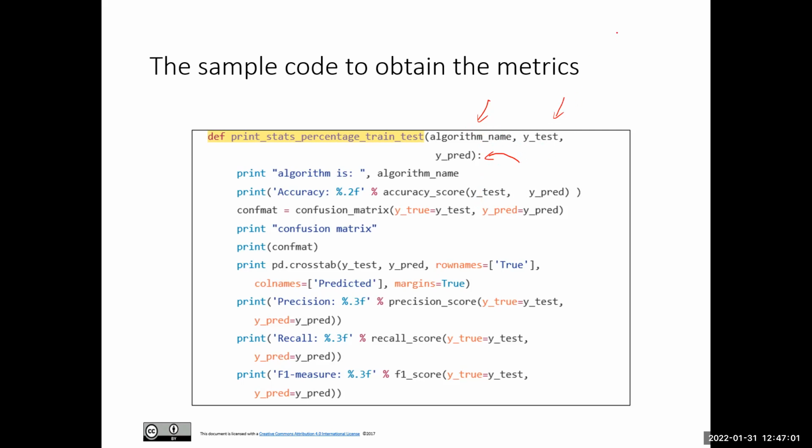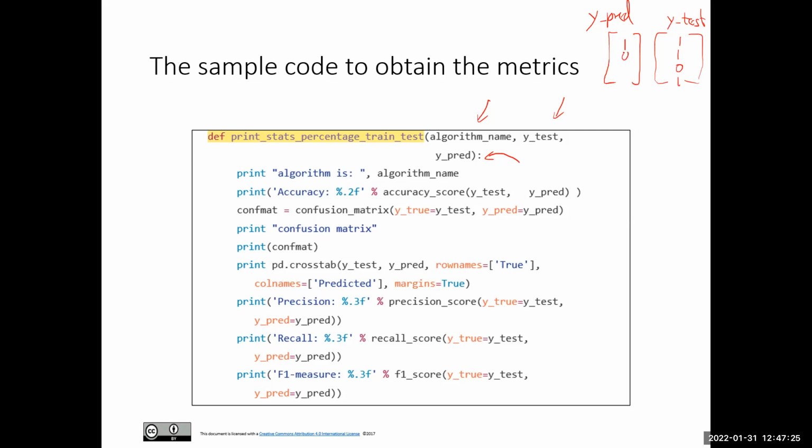Remember that what this means usually is, for instance, for iris, you had 1, 1, 0, 1, and that's the Y test or the real. And then you have over here the Y pred, which is going to be the predicted value.